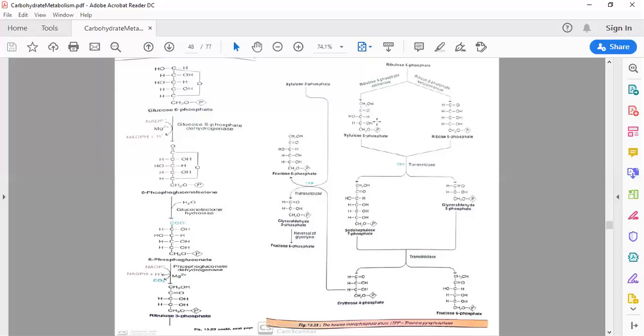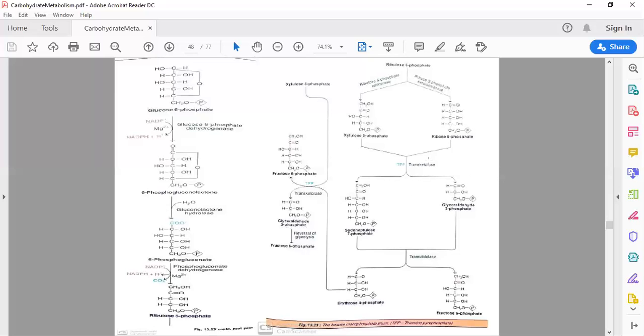So both these are 5 carbon compounds. Then the next step is the enzyme transketolase, which catalyzes the transfer of a 2 carbon moiety from xylulose 5-phosphate to ribose 5-phosphate to give 3 carbon glyceraldehyde 3-phosphate and 7 carbon pseudoheptulose 7-phosphate.